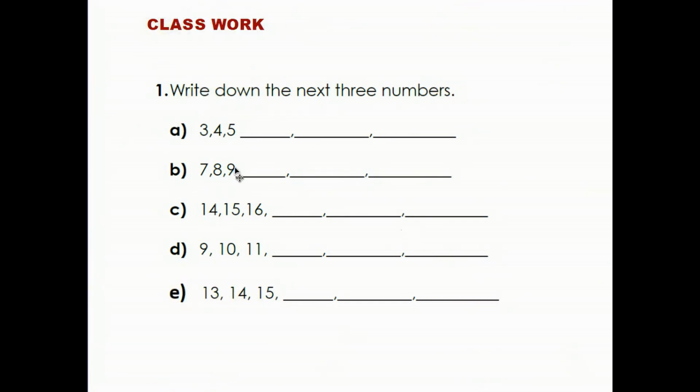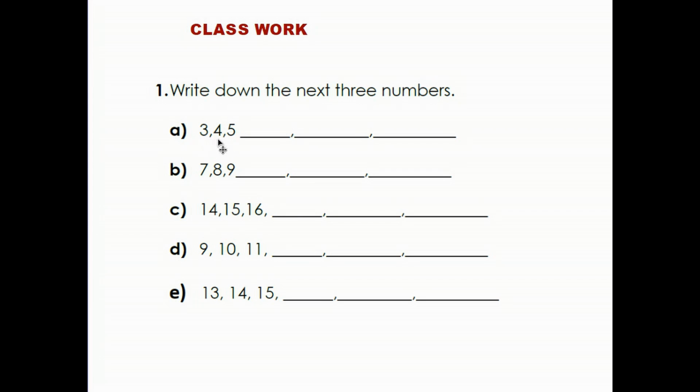So the first classwork, here it says write down the next three numbers. As I told you, as we have seen earlier, what you're going to do here is first see the gap or the difference between consecutive numbers.